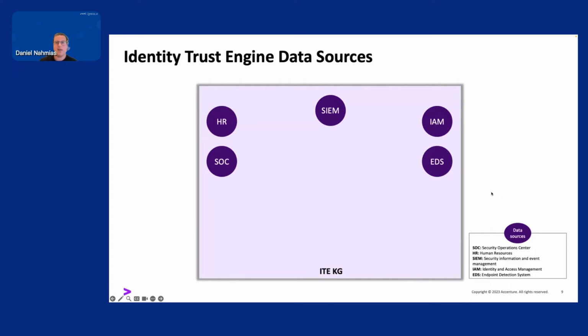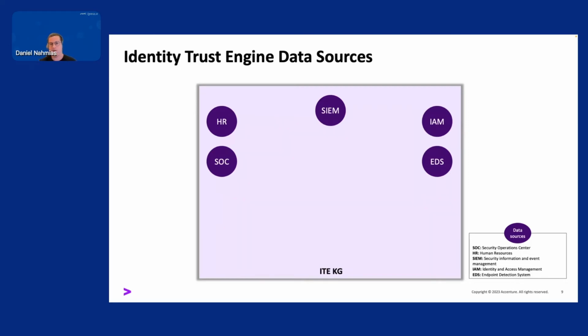So data regarding digital identities is distributed across multiple commonly used systems within the organization. For example, HR systems store information about the identity's position in the organizational structure. SIEM systems capture data related to security events linked to the identity.